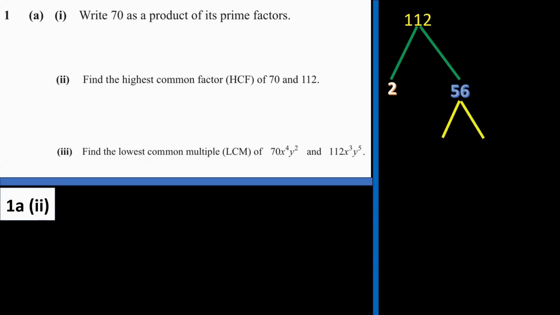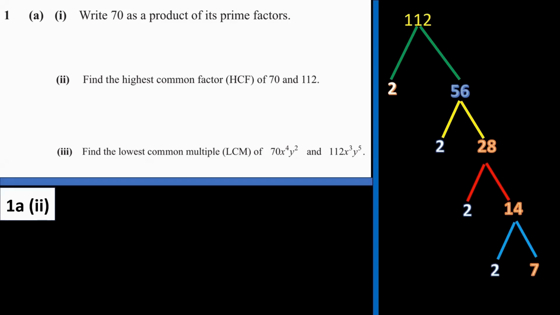And that is going to be, again, 2 times 28. That gives us 56. Can we break 28 again into 2 parts, so that one part will be a prime number? Yes, that will be 2 times 14.